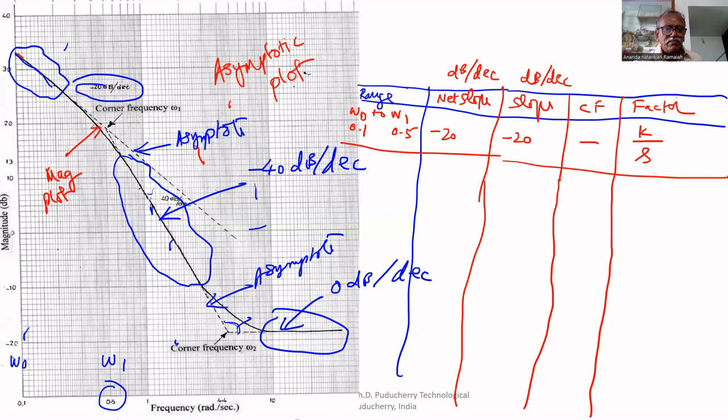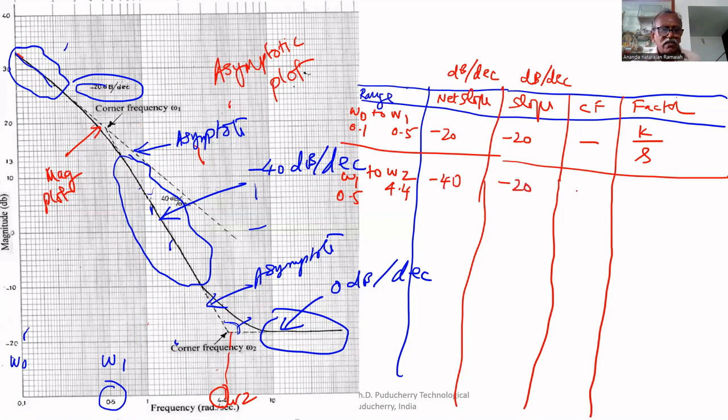The next one is where the slope changes, from omega 1 to omega 2. Omega 2 is here, and omega 2 is 4.4. From 0.5 to 4.4 the slope is minus 40. The change is minus 20.